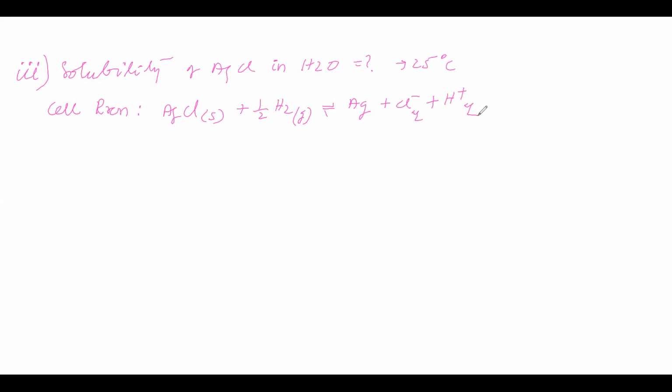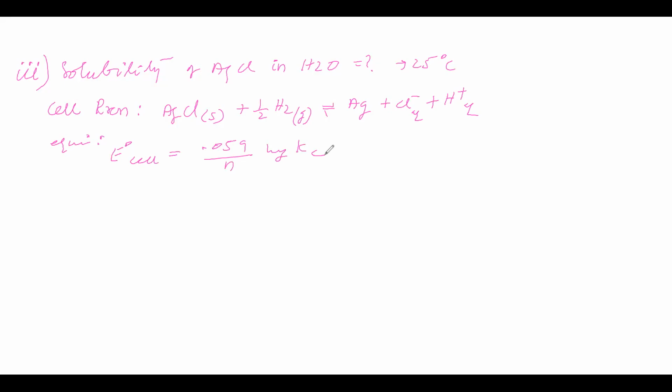Now this cell reaction we will take at equilibrium. At equilibrium, we can say E naught cell is equal to 0.059 by n log equilibrium constant.